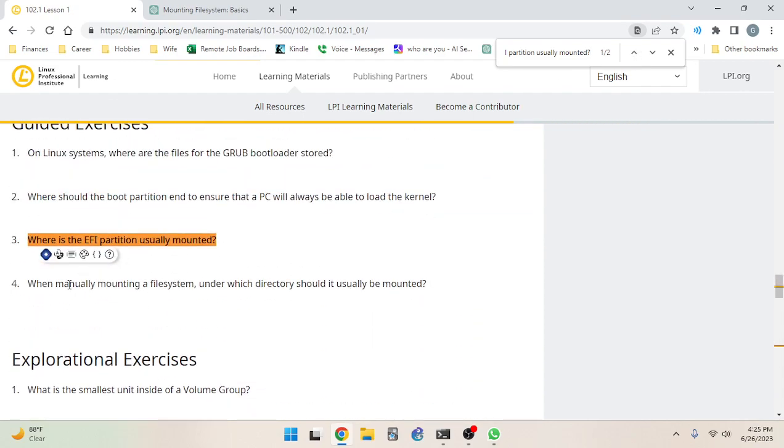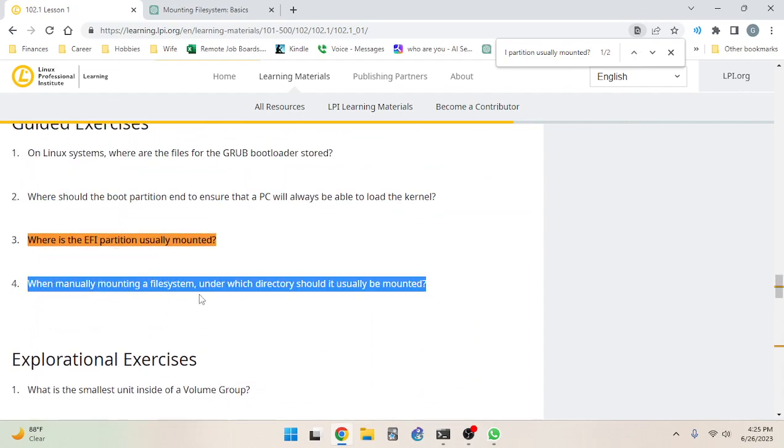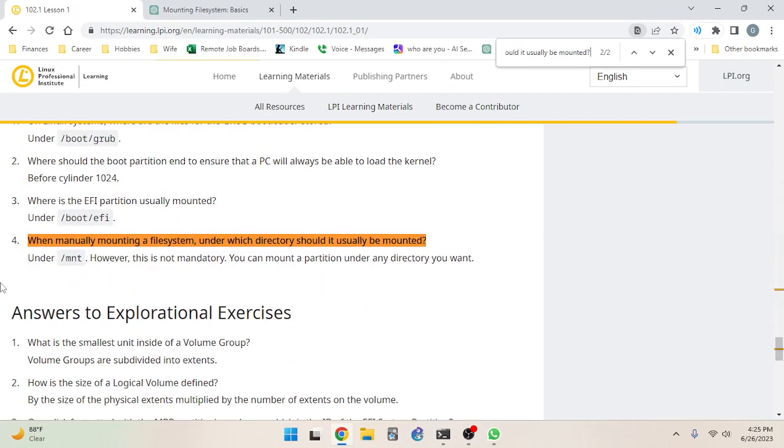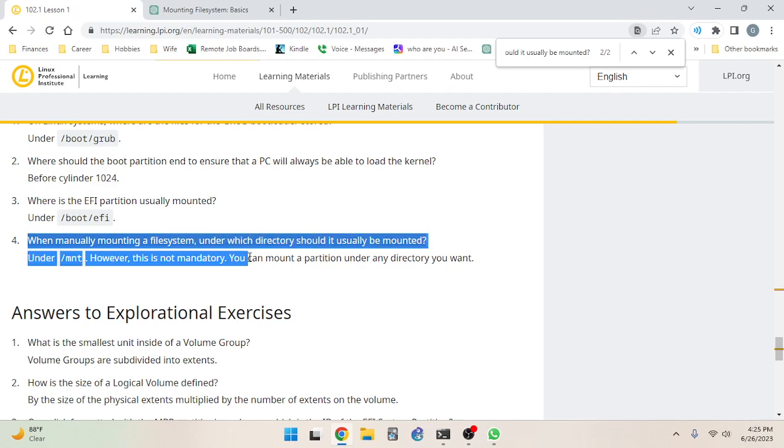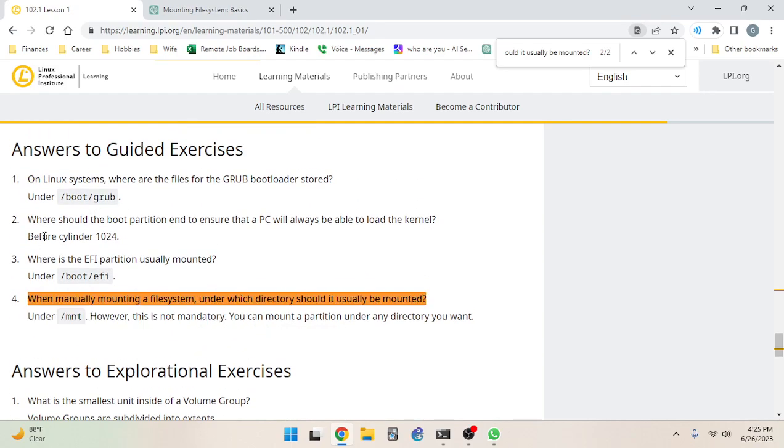And then the next question, when manually mounting a file system, under which directory should it usually be mounted? /mnt is the answer to that one. Yep, it's not mandatory. You can put it anywhere you want, but you put it there to have that work. Then the other ones before were cylinder 1024 and boot UEFI.